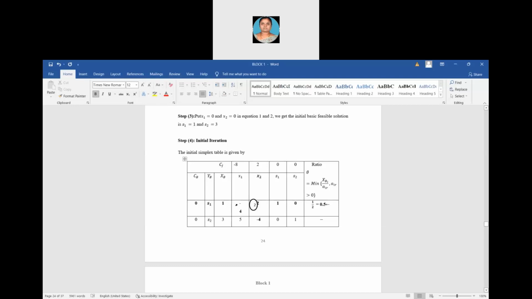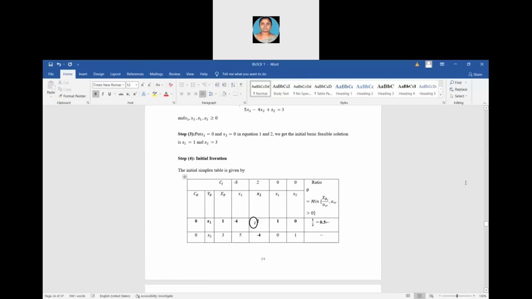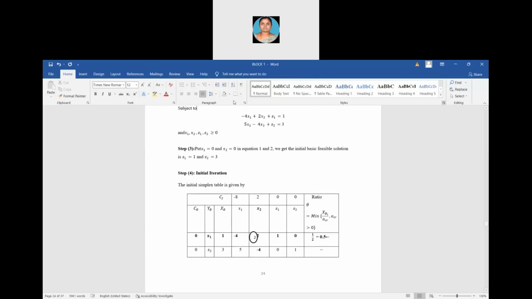Under x1, the first equation is minus 4x1 plus 2x2 plus s1 equal to 1. So we write the coefficient of x1 as minus 4, x2 as 2, s1 as 1. Since there is no s2 in the first equation, you allot that coefficient as 0. Similarly, the next line, Xb is 3 for s2. The second equation: 5, minus 4, for s1 it is 0 and for s2 it is 1.